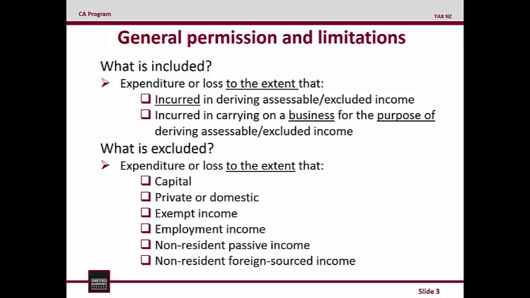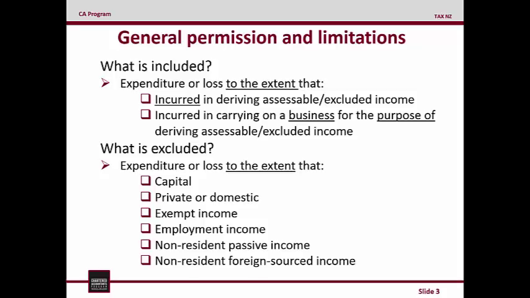There are three key concepts to note. The first is the term to the extent. This relates to the portion of the expenditure that is for a relevant income producing purpose. So the expenditure may be only partially deductible and require apportioning. The second concept is that the expenditure must be incurred. More on this shortly.